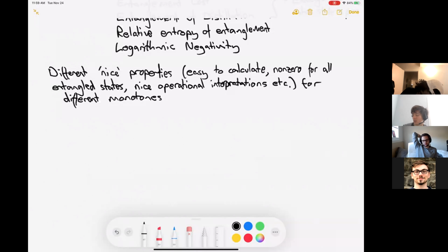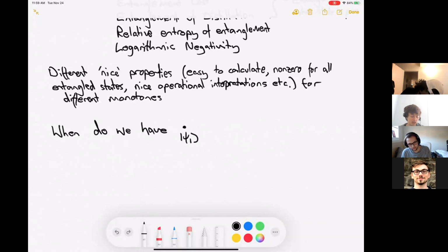So instead, I'm going to move on to the final thing I really want to talk about today, which is a very simple question: when can we get from one state to another using local operations and classical communication? What are necessary and sufficient conditions for that to be possible? For general mixed states, this is hard and messy and complicated.